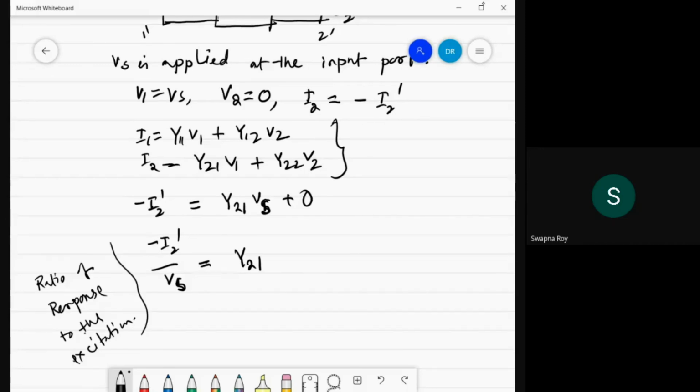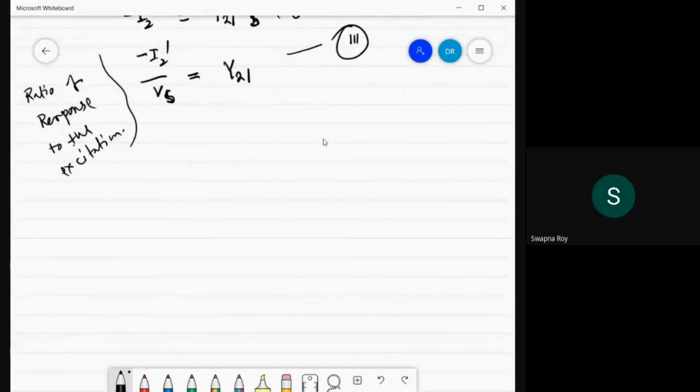So now we consider, say this one is the equation 3. Now I'm drawing another figure where I will interchange the position of excitation.